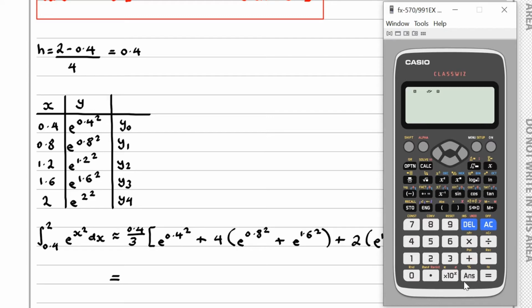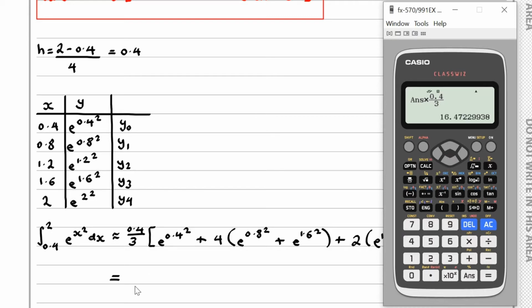So we have e to the power of 0.4 squared plus 4 lots of e to the power of 0.8 squared plus e to the power of 1.6 squared, and then we have 2 lots of e to the power of 1.2 squared, and then we have our final y value, that's e to the power of 2 squared, and then we multiply this by 0.4 over 3.